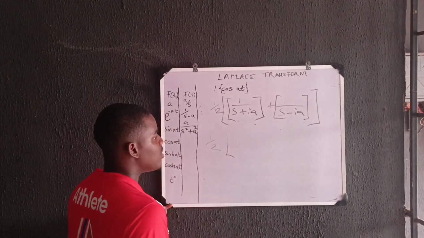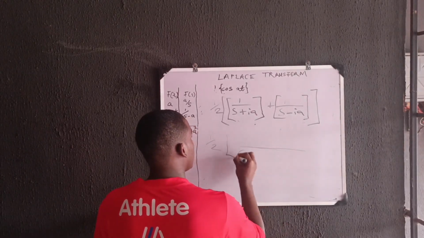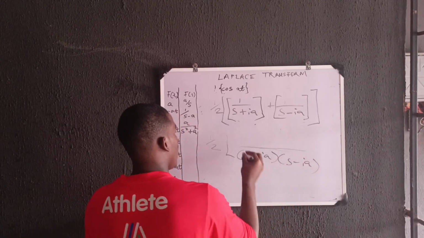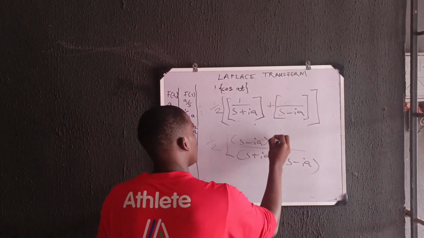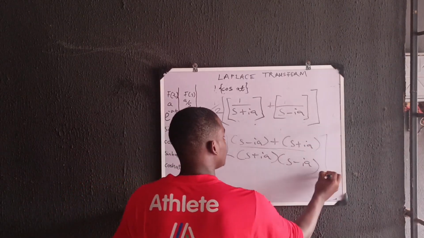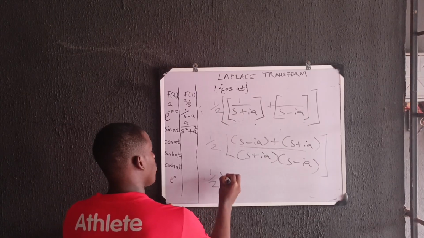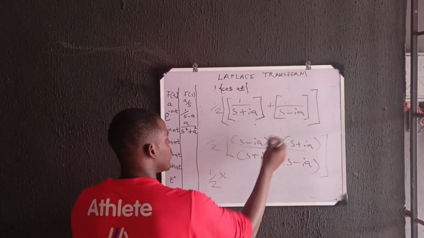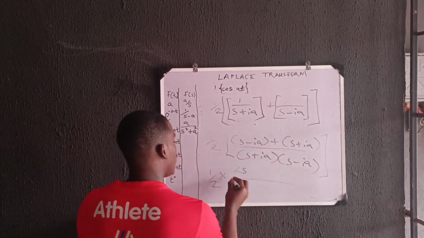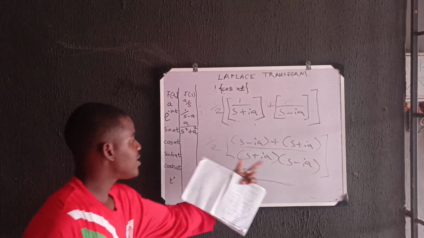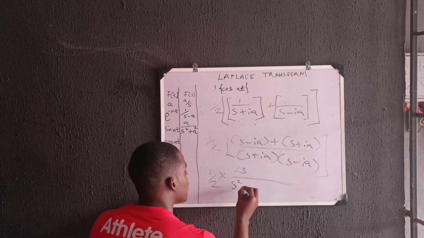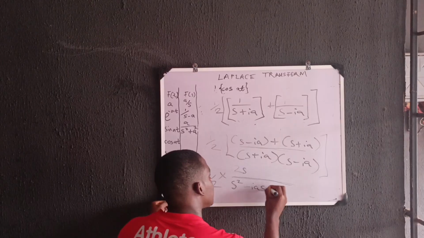So, taking the LCM, we are going to have S plus IA into S minus IA. And we are going to have S minus IA plus S plus IA. So we are going to have 1 over 2 multiplied by S plus S is 2S, minus IA plus IA is 0, all over S times S is S squared, S minus IAS plus IAS.